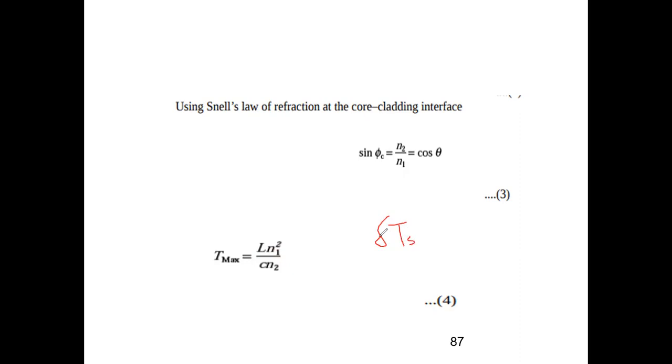The delay difference delta TS between the extreme meridional ray and the axial ray is obtained by subtracting equation 1 from 4.